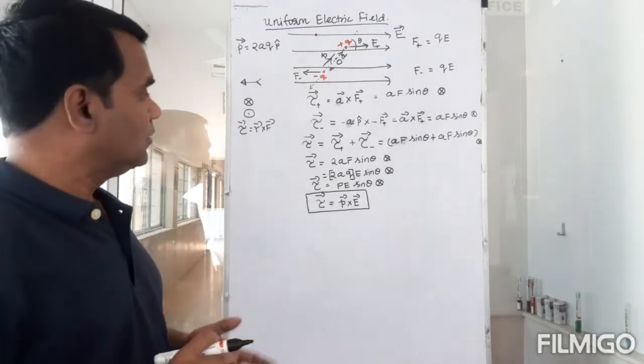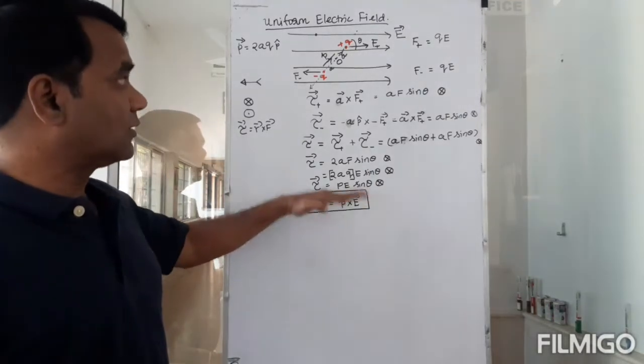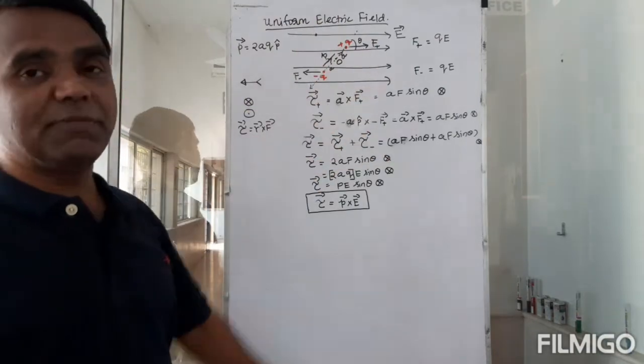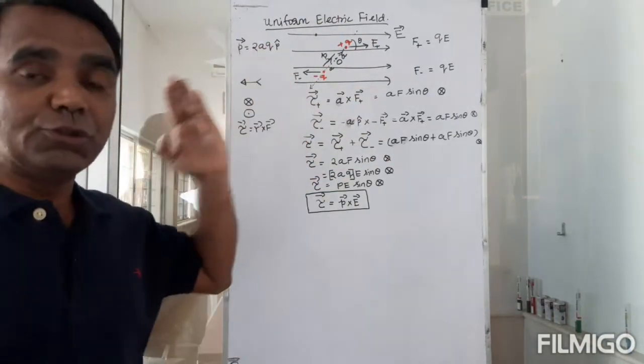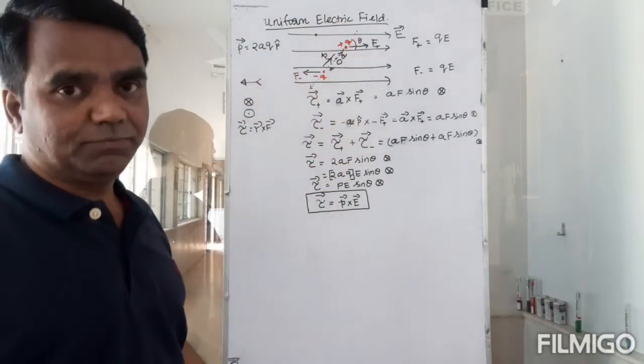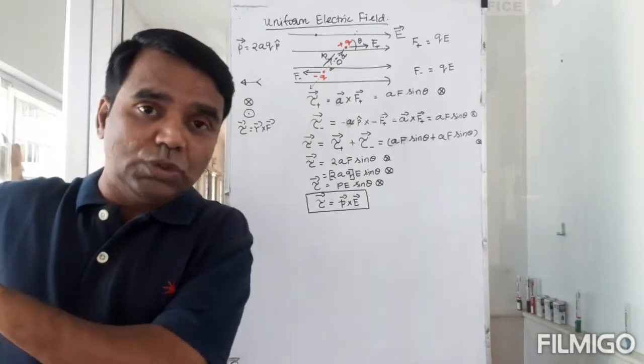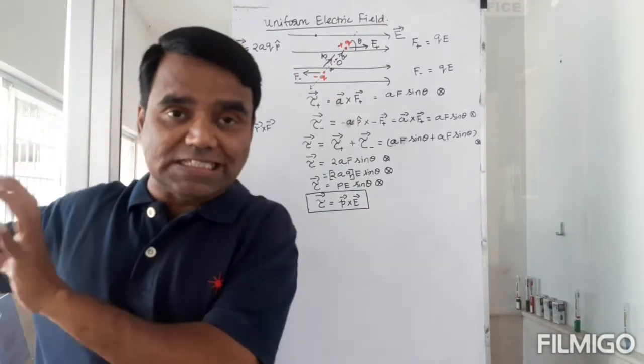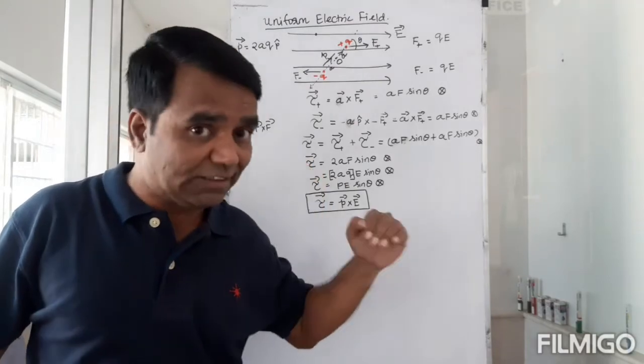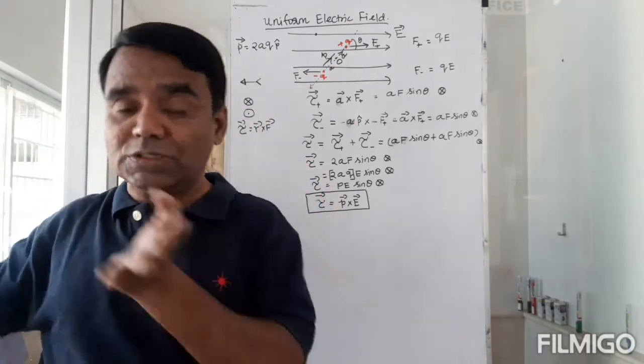Okay. So this is the torque experienced by the dipole when it is kept in a uniform electric field. Again, as I said, we don't know the nature of the system that produces this uniform electric field. We have not talked about it, we'll talk about it later.